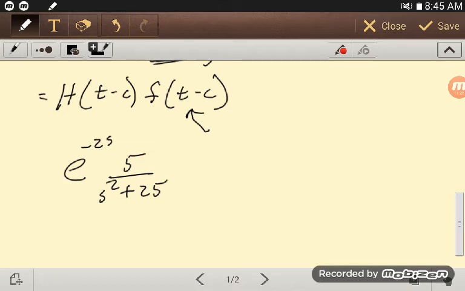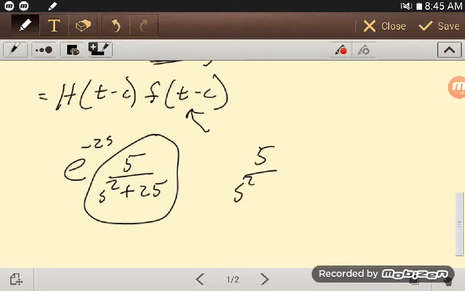Well, then, hopefully I could figure out with Sage or looking at a table or doing some work that 5 over s squared plus 25 fits the sine of 5t inverse Laplace transform when we go that direction.